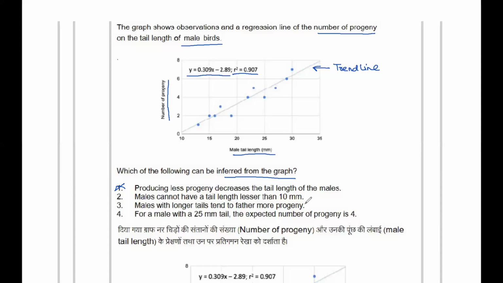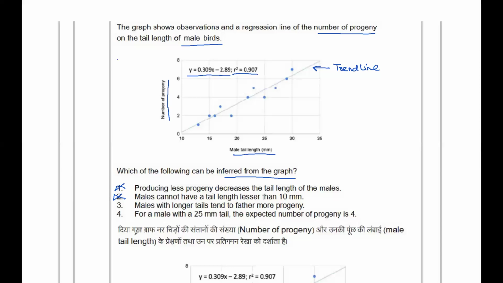But by saying that males cannot have, they're saying there are no progenies with a tail length less than 10 mm. So that's incorrect. The first two statements you could have just canceled, not even looking at the graph.